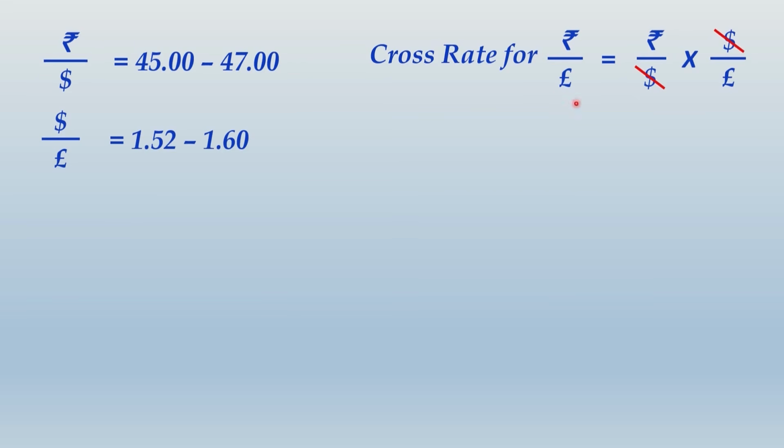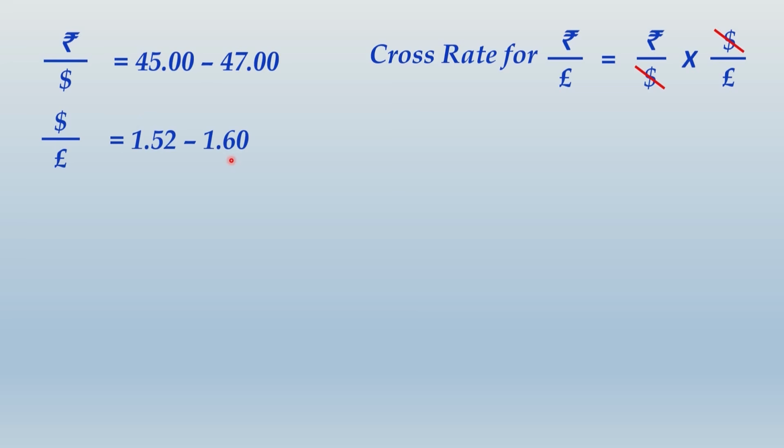But now look, 45 should be multiplied to 1.52 or 1.60. Likewise 47 should be multiplied to 1.52 or 1.60.